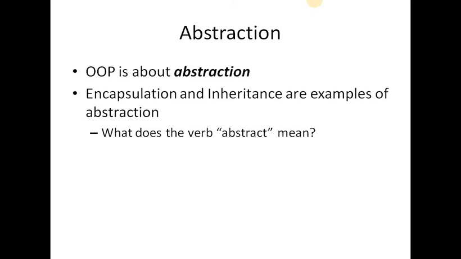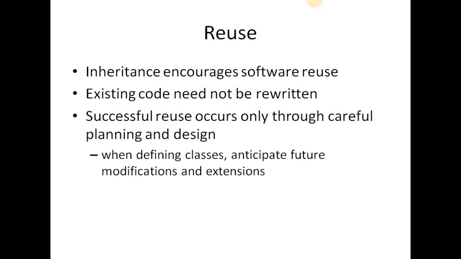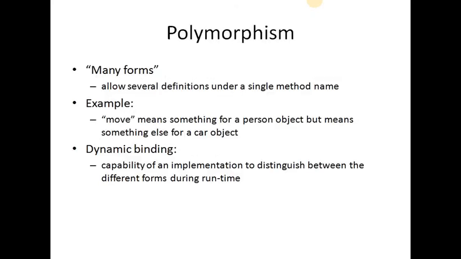He does not know about the inner mechanism of the car or the implementation of the accelerator, brakes, etc. So that is what abstraction is. In terms of reuse, inheritance encourages software reuse. Existing code need not be rewritten, and successful reuse occurs only through careful planning and designing.